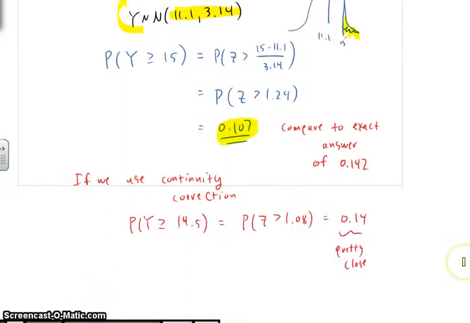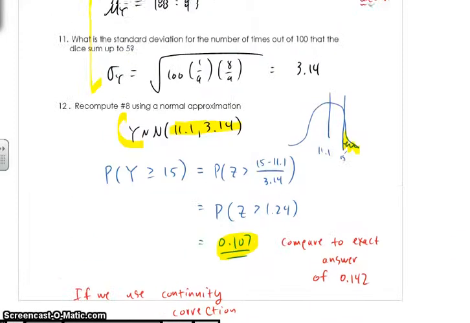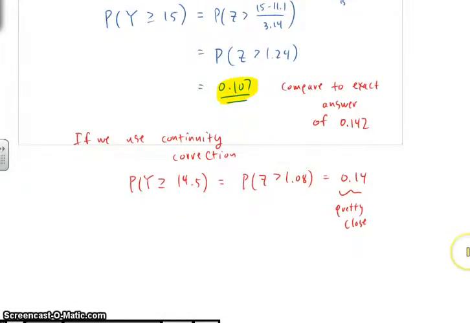However, we could do what's called a continuity correction. Since we're finding the probability that x is greater than or equal to 15, there's some area under the normal curve that's between like 14 and 15. So what part of that are we including in 14 and what part are we including in 15? Well, there's no right answer. So let's just use 14 and a half and find that using the normal model.